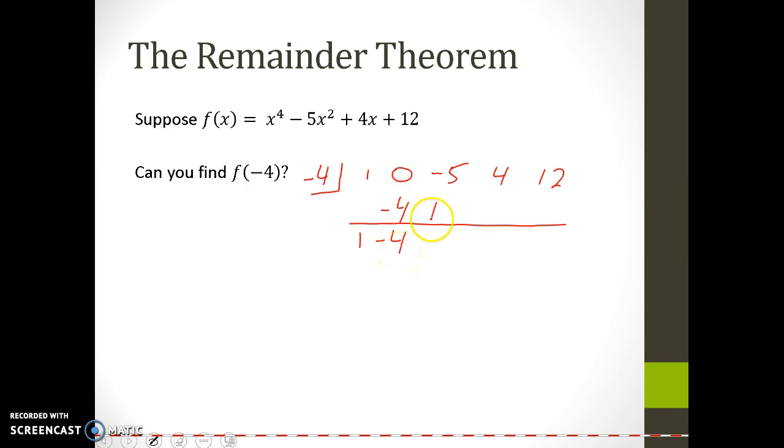Negative 4 times negative 4 is 16. If I add those together, I get positive 11. 11 times negative 4 is negative 44. If I add those together, I get negative 40. Negative 4 times negative 40 is negative 160. And negative 160 plus 12 is negative 148.